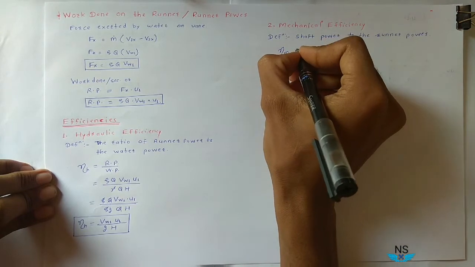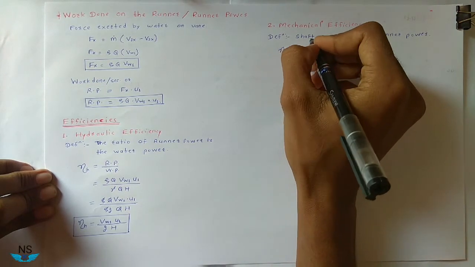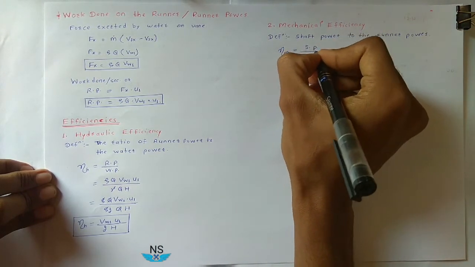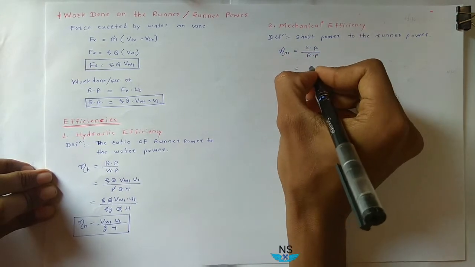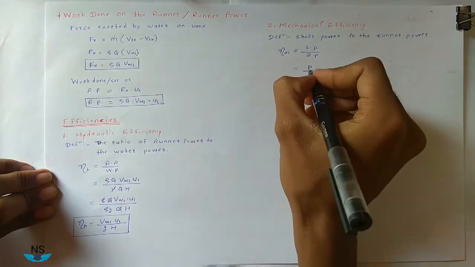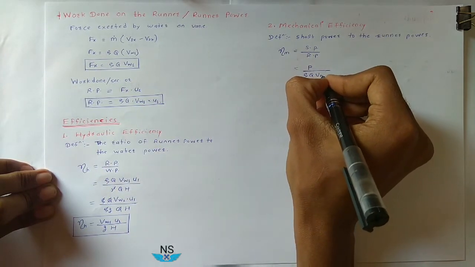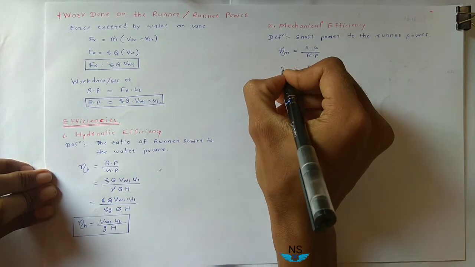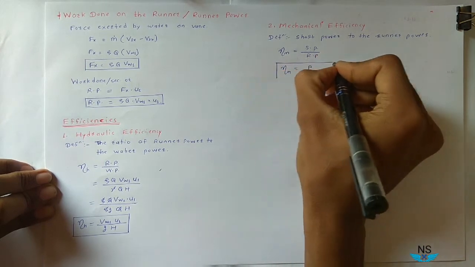It is denoted by eta m. So eta m is equal to shaft power divided by runner power. Shaft power is denoted by P, divided by the runner power, which we know is rho Q Vw1 into u1. So this is the mechanical efficiency.